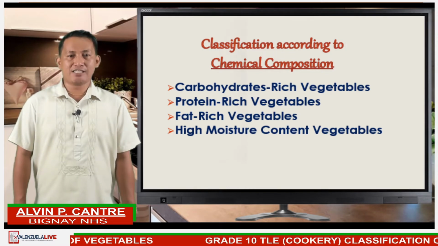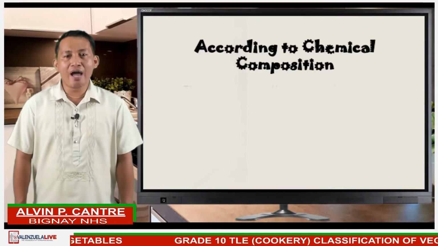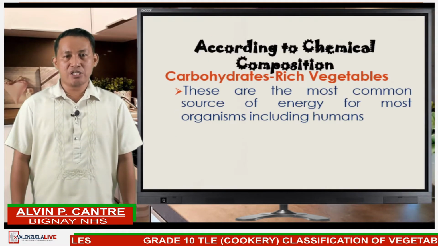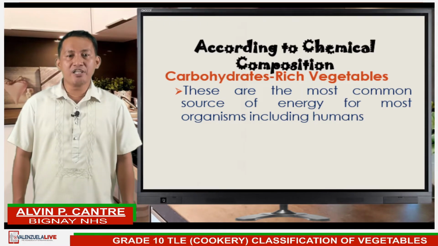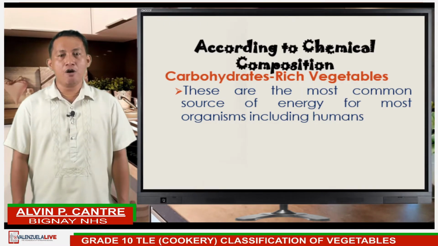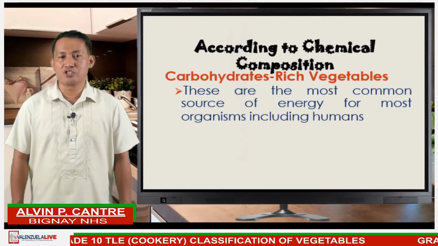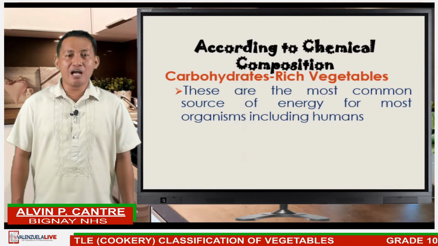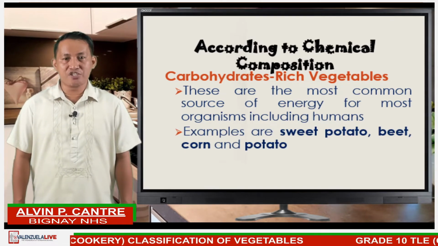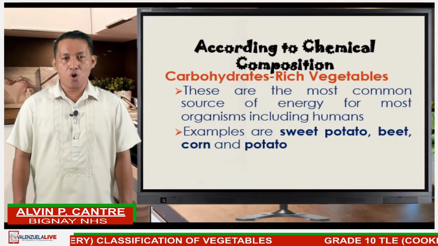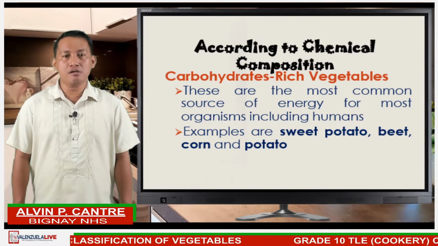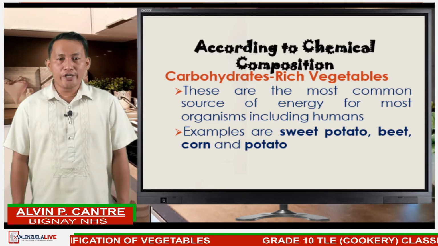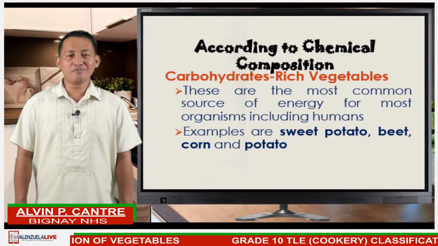First on the list is the carbohydrate-rich vegetables. Now, these are the most common source of energy for most organisms, including us humans. Examples under carbohydrate-rich vegetables are the following. We have the sweet potato, beet, corn, and potato.